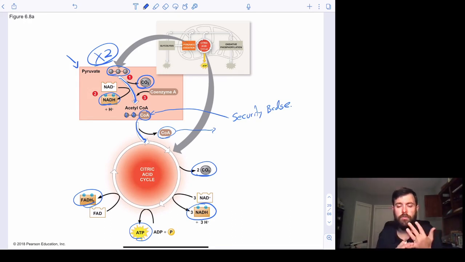So pyruvate comes in, we take a carbon off, we get off some electrons. Anytime you lose a carbon, we get electrons with that. CoA attaches, brings it into the citric acid cycle, also known as the Krebs cycle. And then it drops those 2 off. We make 2 more CO2s. Every time we get carbon off, we get some electrons off. In this case, we get some energy. So that's kind of the gist with that.